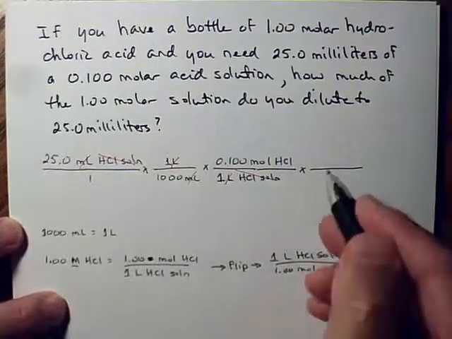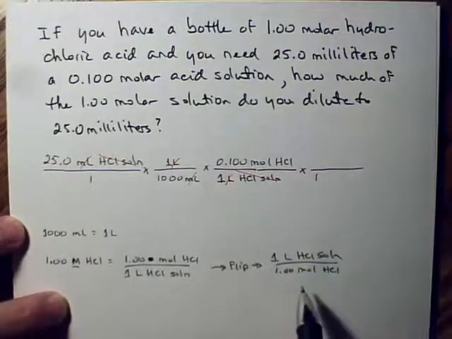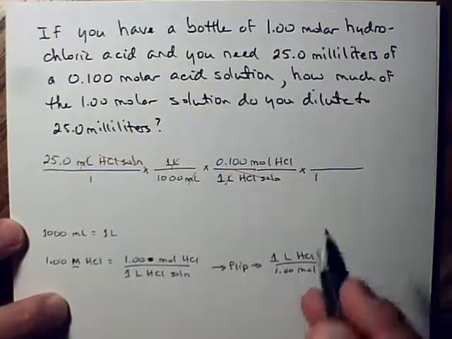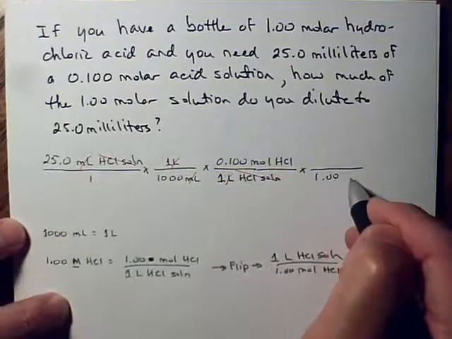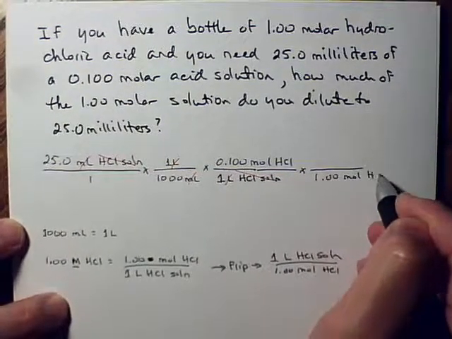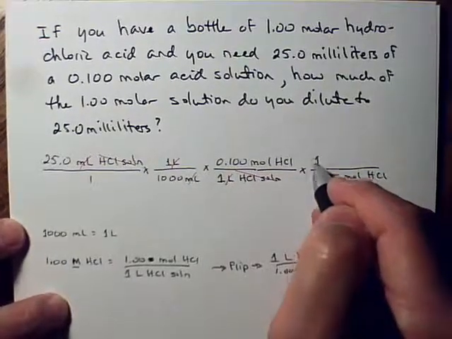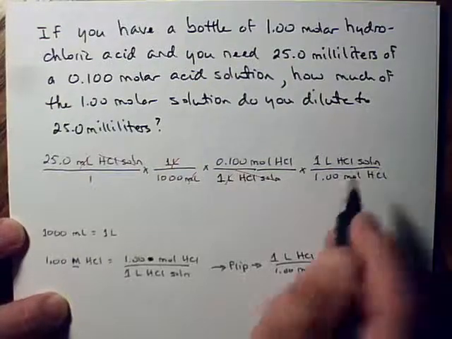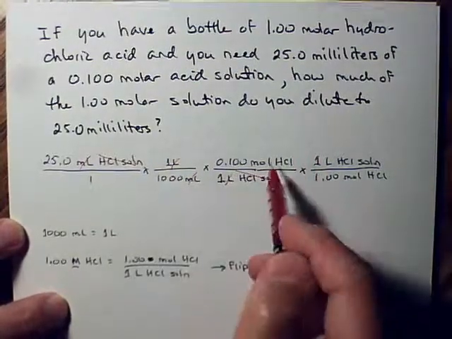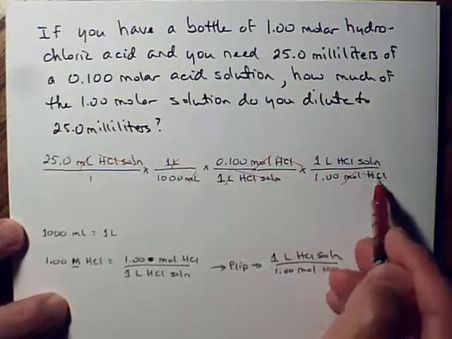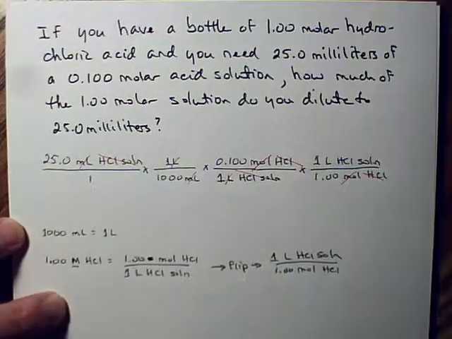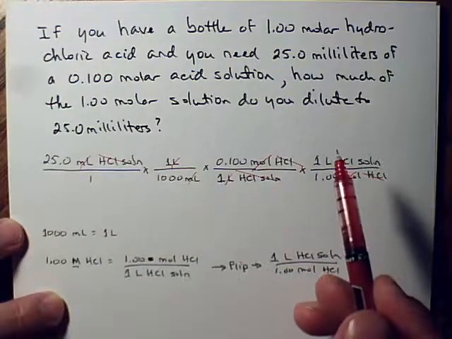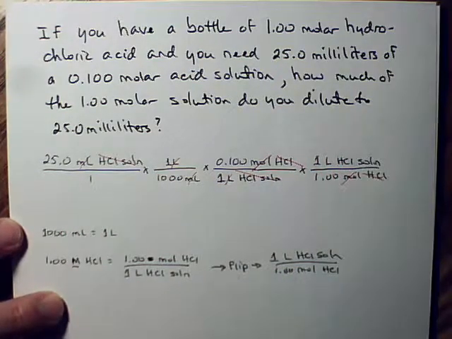So that's what I'm going to put in here. And the reason I want to do that is because now I can cancel moles by putting this on the bottom. The moles cancel. HCl cancels. We have liters of a solution. That's what I'm trying to find. How much of the 1 molar solution do I need in order to dilute it to 25 milliliters?